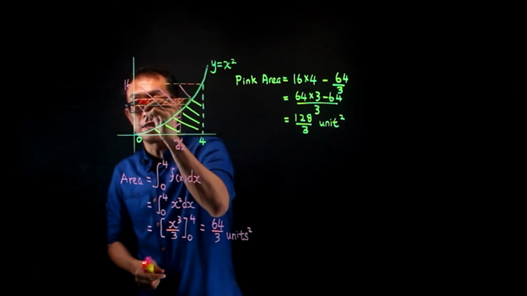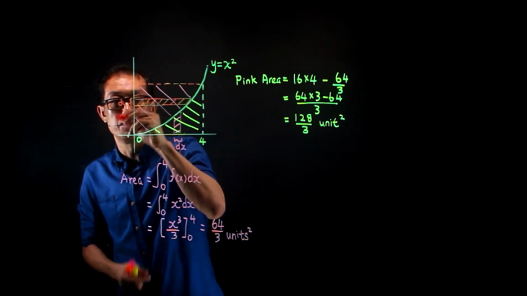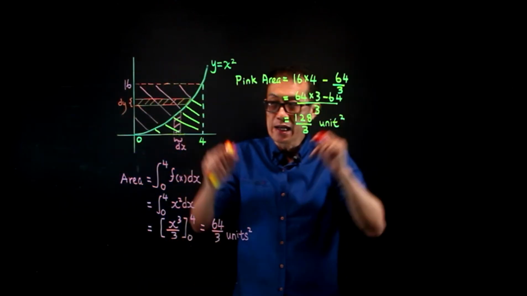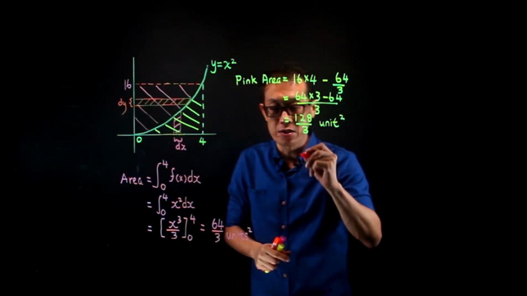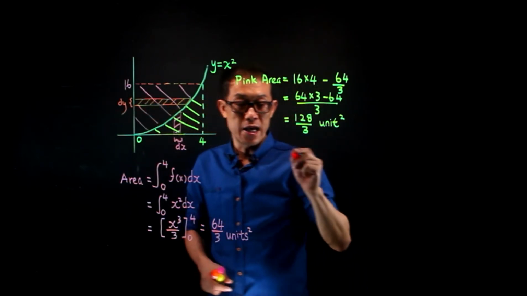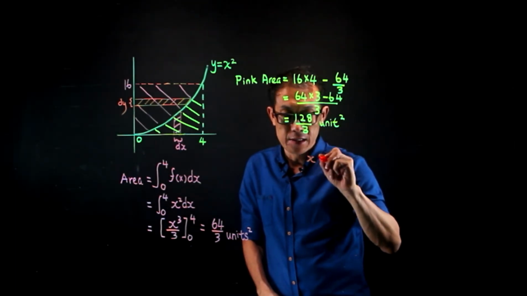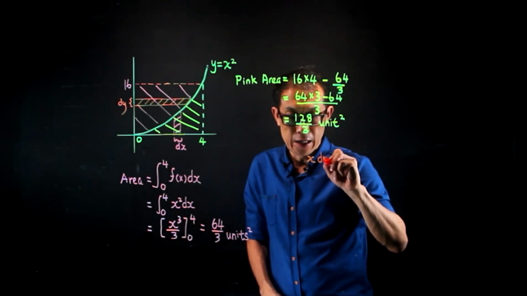This part is dy, a small change in y, so you have a tiny little thin horizontal strip. What is this distance here? This distance is x. So the area of one horizontal strip is x times dy.